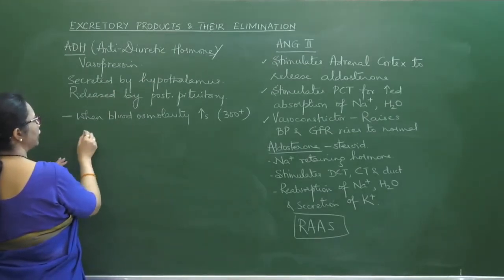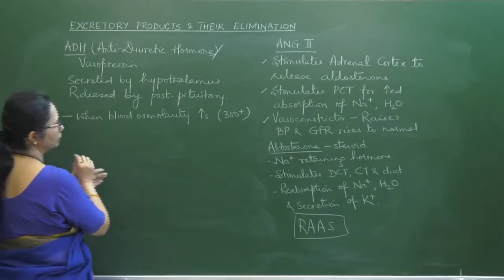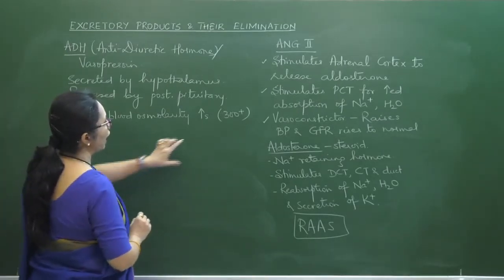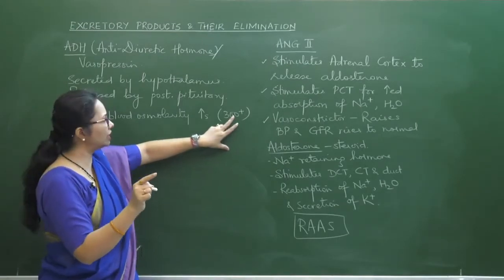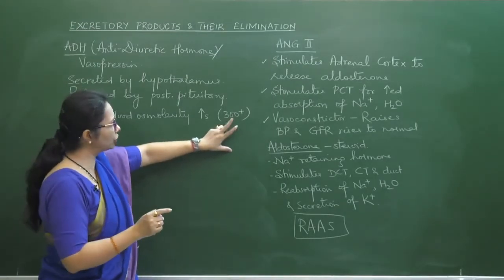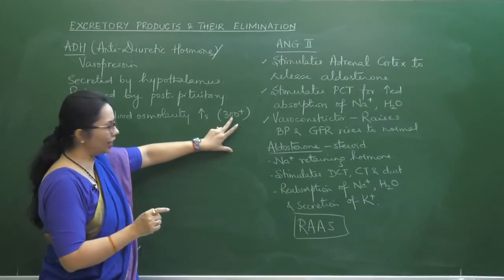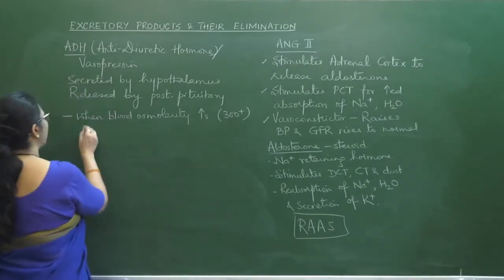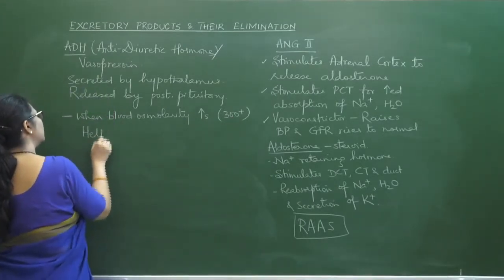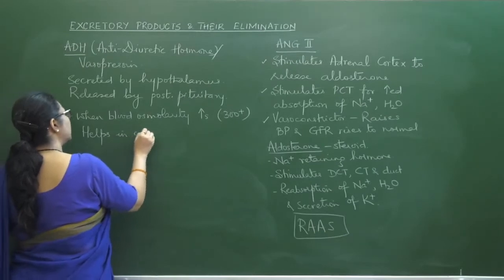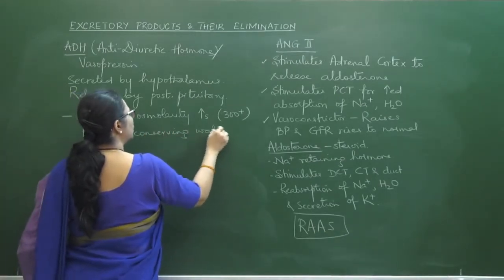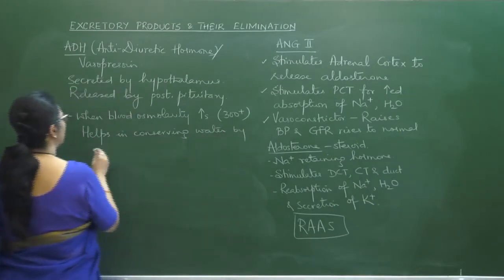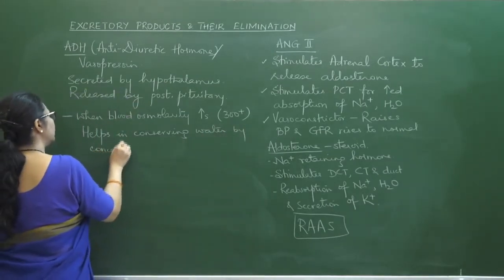What does ADH do? When it is 300 plus, that means water is less, and there are more solutes, so the water has to be conserved. So this one helps in conserving water by concentrating the urine.